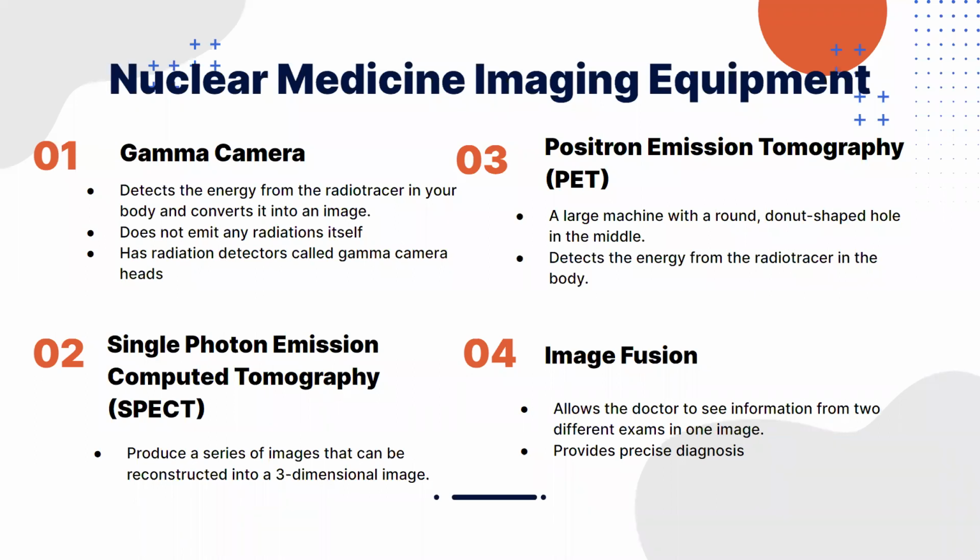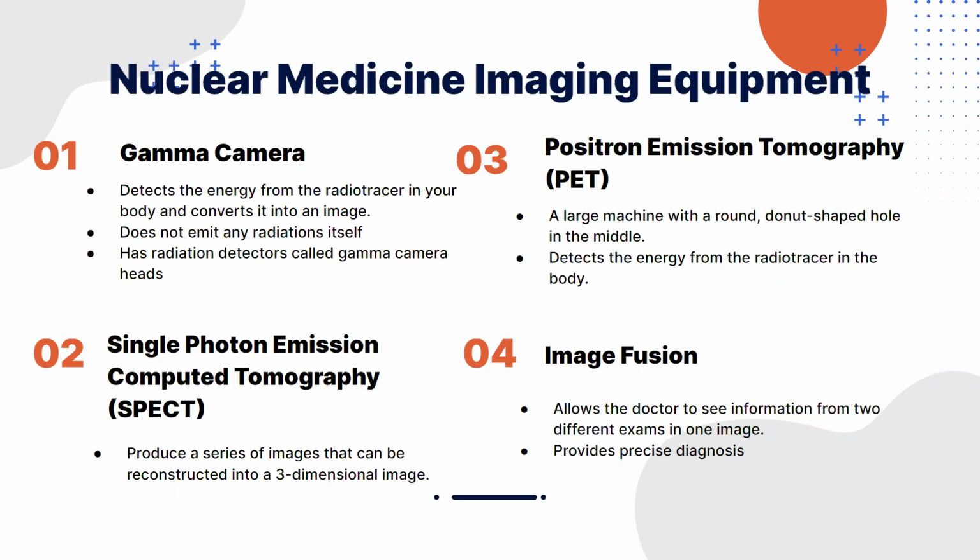The second one is single photon emission computed tomography, which produces a series of images that can be reconstructed into a three-dimensional image. Nuclear medicine imaging equipment also consists of PET, which is short for positron emission tomography.